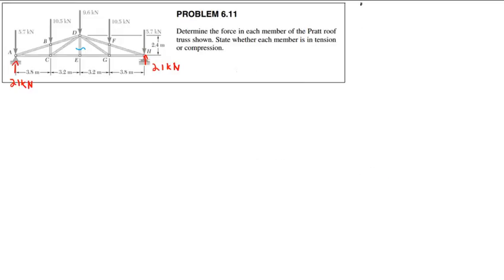First I say FDE must be 0, and FFG must be equal to FBC, which must be equal to, let's say, 10.5 kips compression.